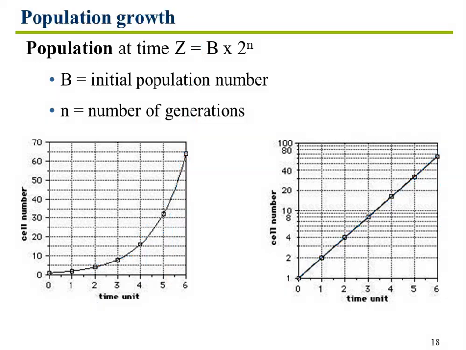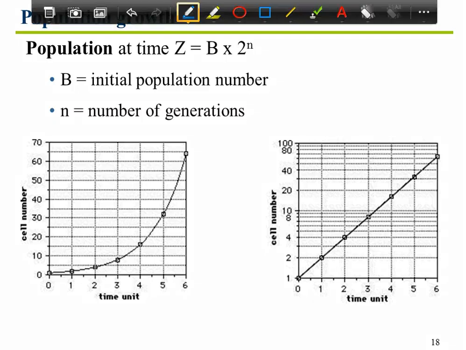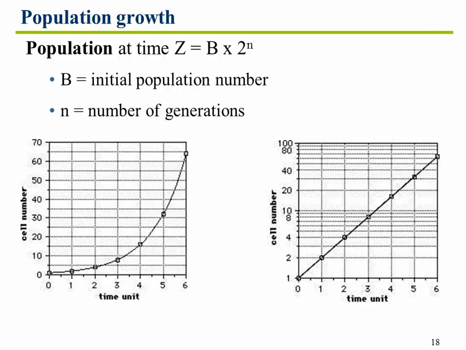Okay, so the formula that you're looking at, this is an easy little formula to use to determine the number of cells given a starting number of cells. So B is your starting number of cells. Let's say we start with 100 cells. And we want to know, after 3 generations, 3 doublings, how many cells are we going to have?